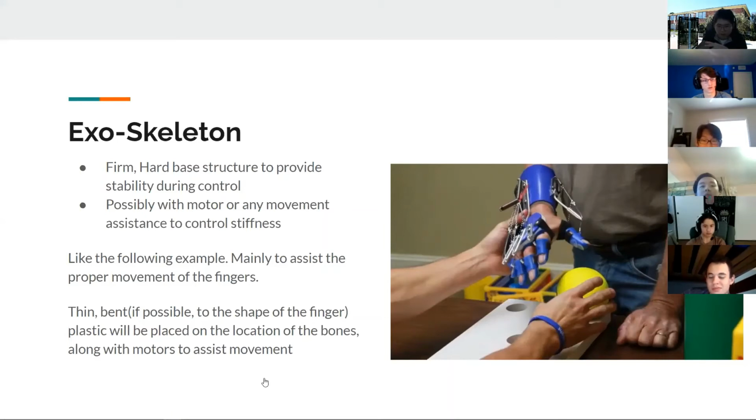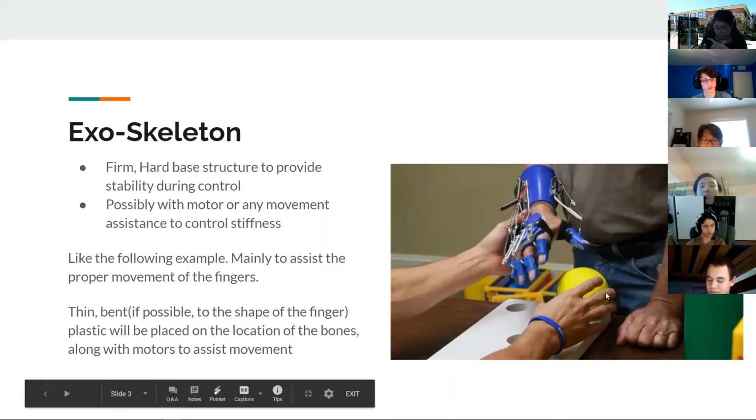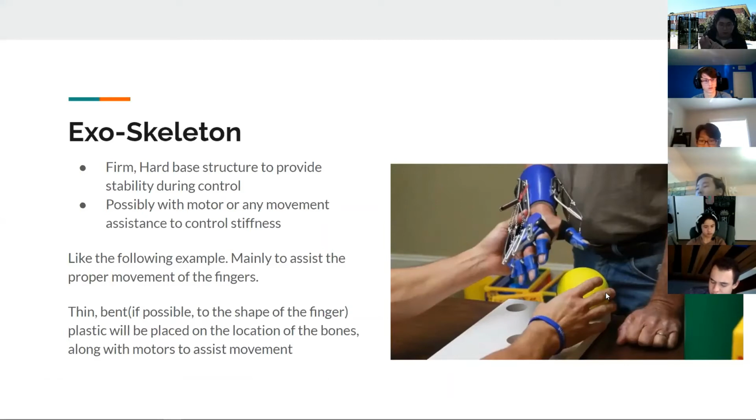Are you planning to put the motors on every joint or every finger? Well, since most actions that we do, like grabbing a pencil or a water bottle, only require this one, not this one. Some people might need more, but if it's just for grabbing stuff, I feel like this one and this one are the only joints we might need.